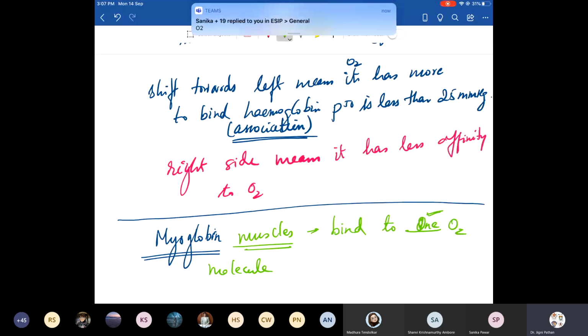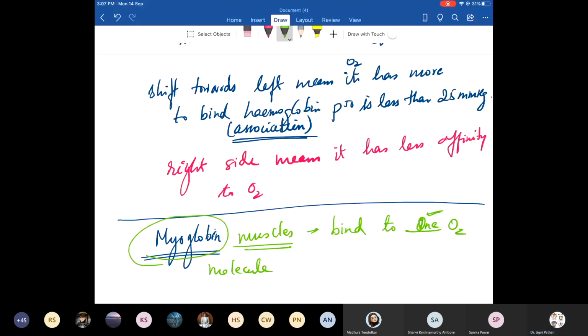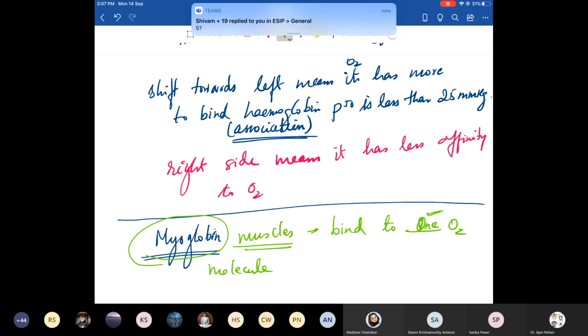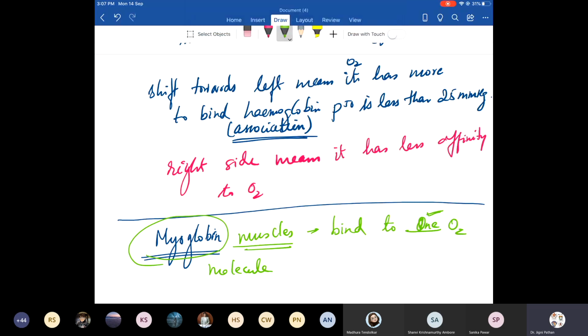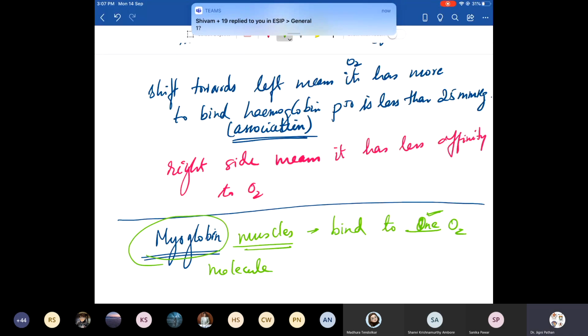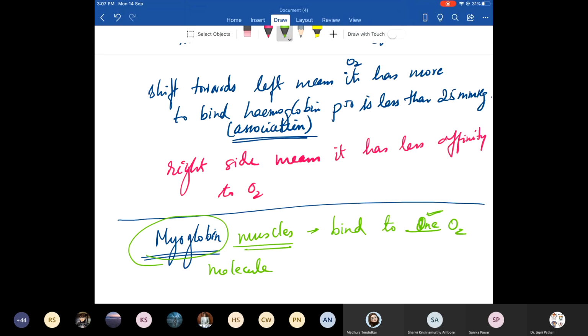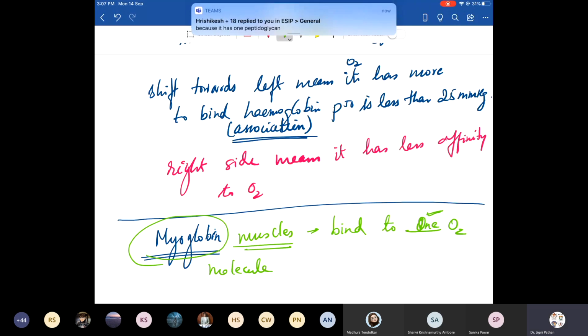Why do you think it binds to one oxygen molecule? Who will answer this? Why does myoglobin bind to just one oxygen molecule? I want to see who is the smartest among all. Now tell me, why do you think?